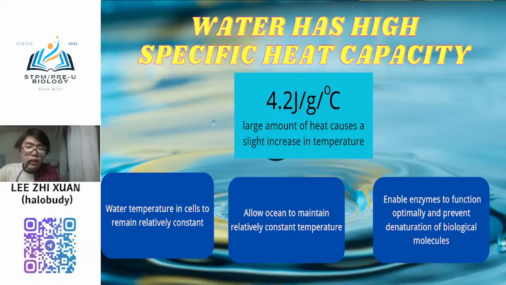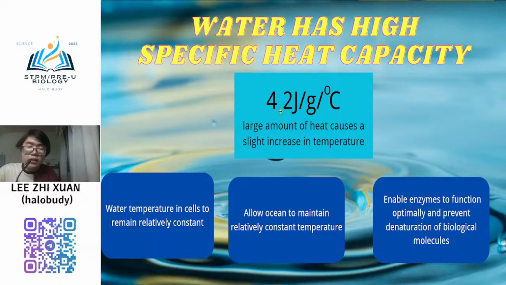In general, it is the amount of heat that can cause 1 gram of water to increase 1 degree Celsius. Meaning the amount of energy I need to use to increase 1 degree Celsius in 1 gram of water.